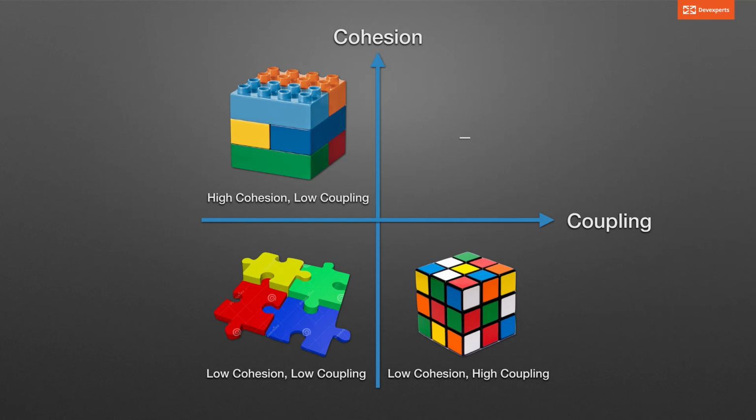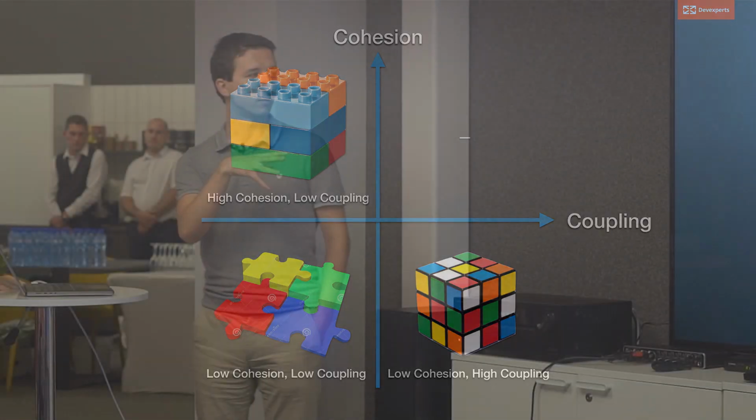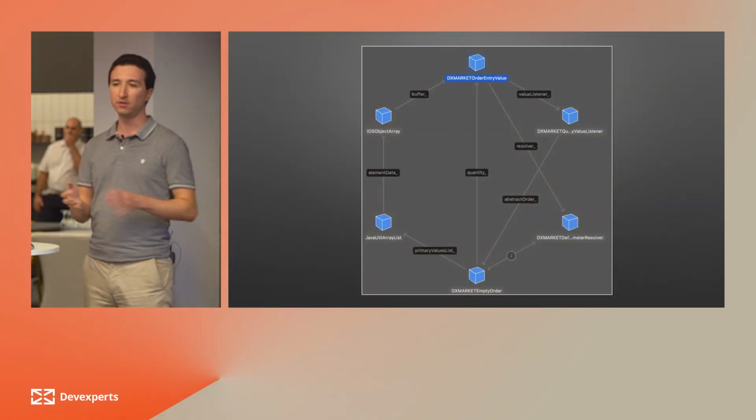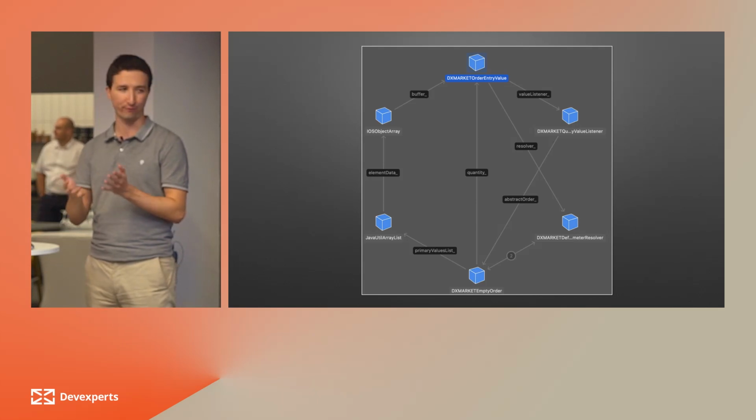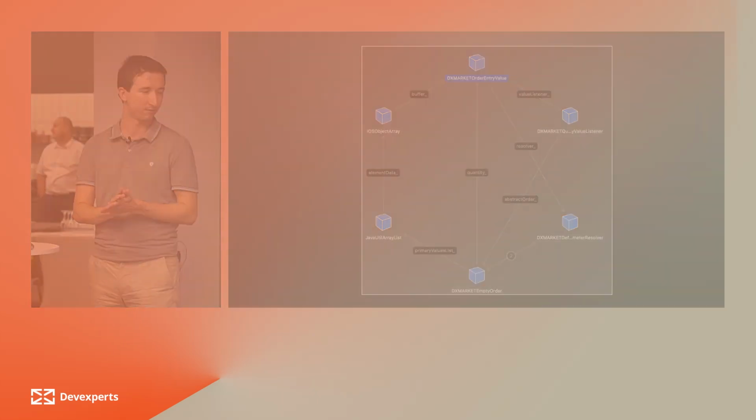And so in the lower part, we have cases with low cohesion. And on the left-hand side, we have cases where we have low coupling. If there's lack of cohesion in the code, basically it turns into a sort of puzzle that we need to solve.